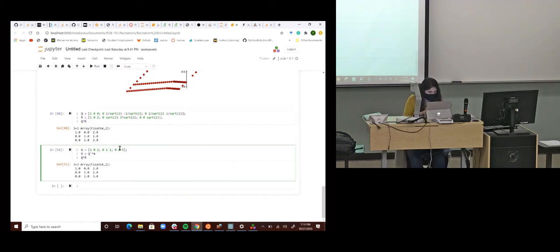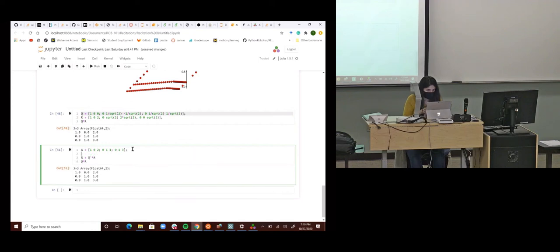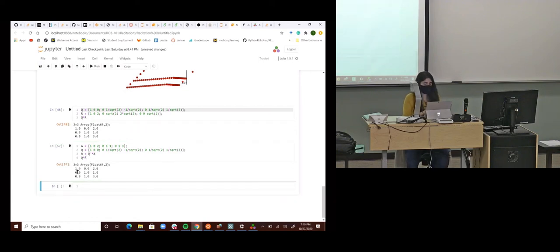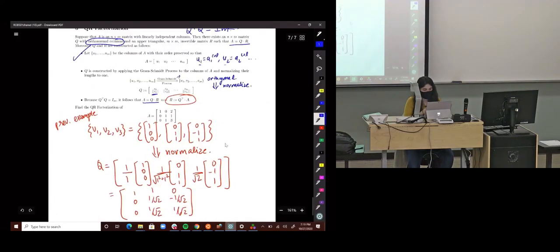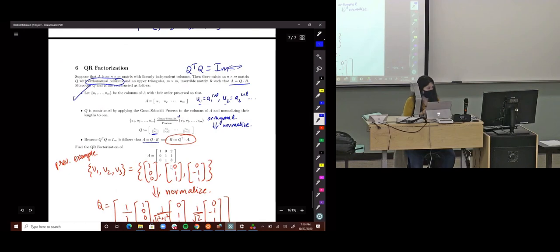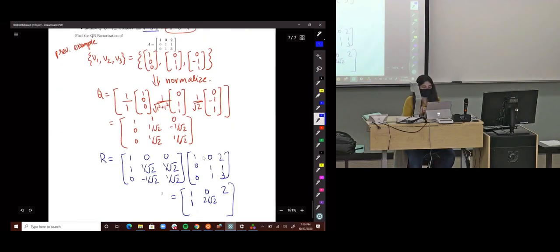So if we're just looking at this, I'm going to copy the Q. We have the A matrix, we found our Q, and then R is Q transpose times A. Then let's do Q times R, and your Q times R looks exactly like what our A was. And our A was 1, 0, 0, 0, 1, 1, 2, 1, 3, which is basically what we have here. Which means our solution was actually correct.